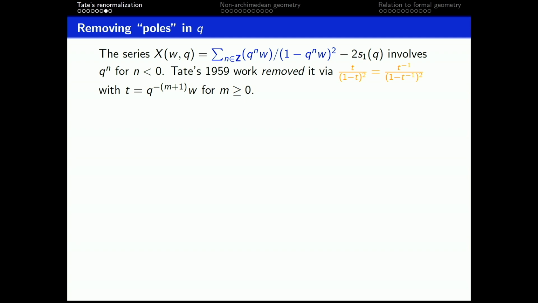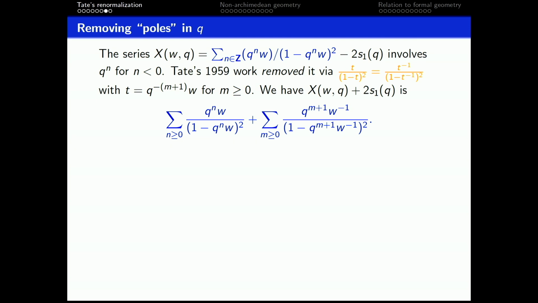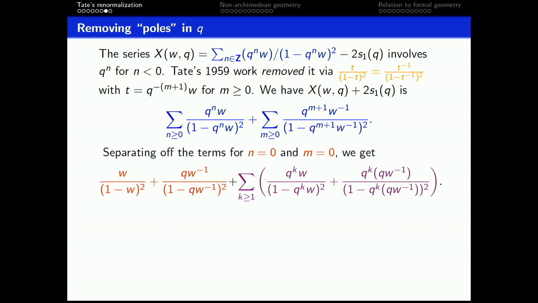In any event, the point is he takes this is t over 1 minus t squared, where t is this value, and you can also write it just as well in terms of t inverse. And so if we do that for the things that have negative exponent, then we get this modified expression of this blue part here in this way. And then we're going to pull out the 0 terms at the start, put those in red, and then you have these things. Okay? So this is the rewritten expression ignoring this piece at the end.